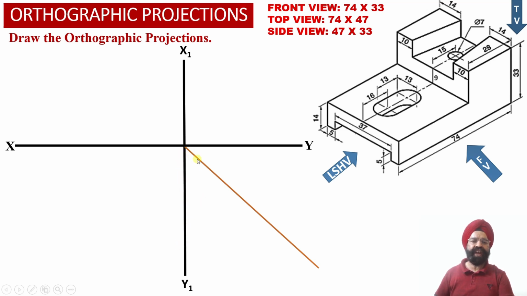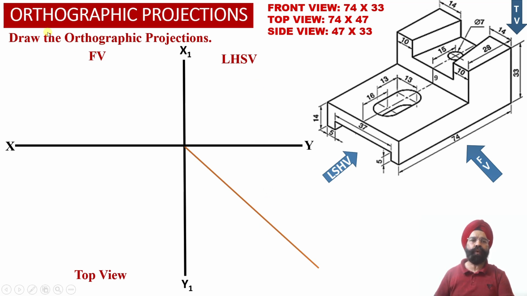This transfer line is inclined at an angle of 45 degree with respect to the XY reference line, and we are going to use it to transfer the distances alongside the depth of the solid from the top view orientation into the left hand side view orientation.